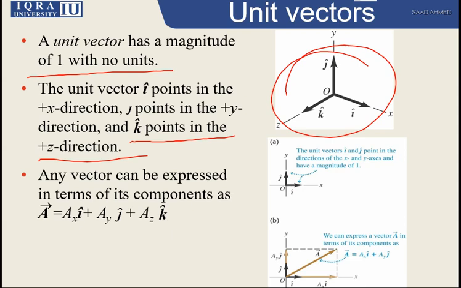You have three axes, i, j, and k: j on the y-axis, i on the x-axis, and k on the z-axis. Any vector can be expressed in terms of its components, that is Ax i plus Ay j plus Az k. The unit vectors i and j point in the direction of the x and y axes and have a magnitude of 1. See this.